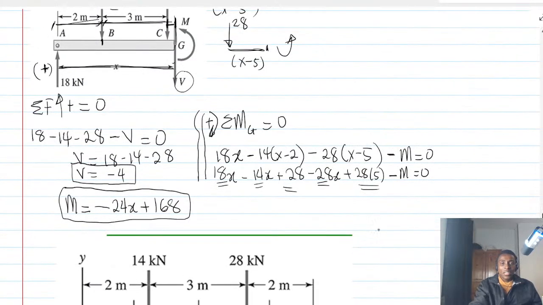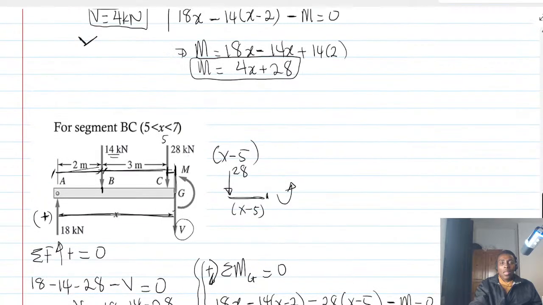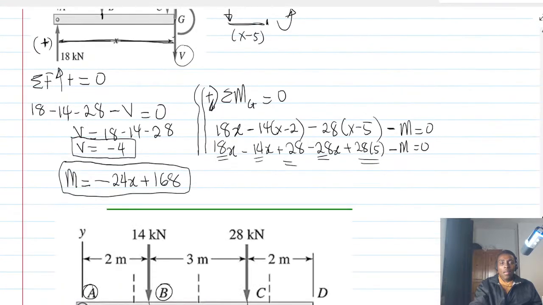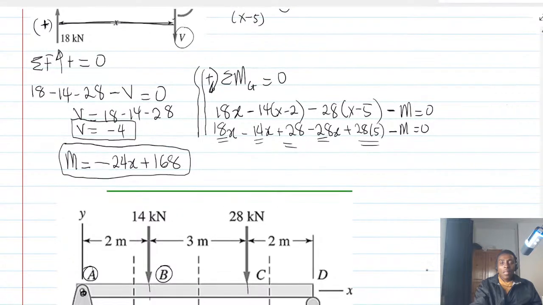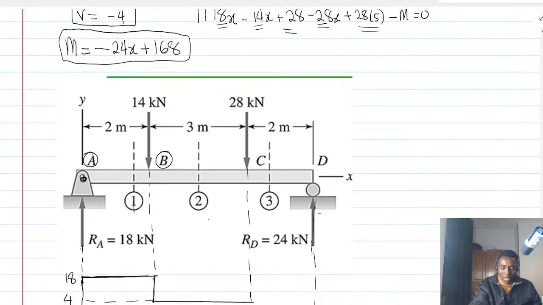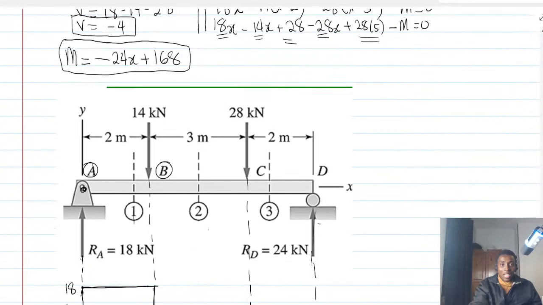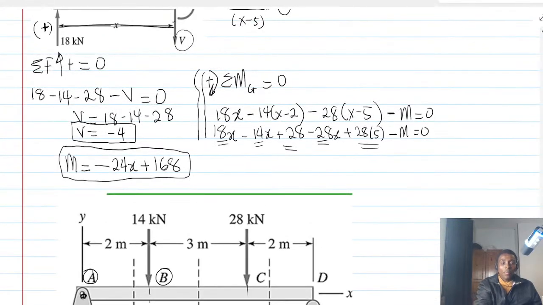And finally, between C and D, okay, please, I think someone did a correction here. I didn't check. It's actually minus 24.